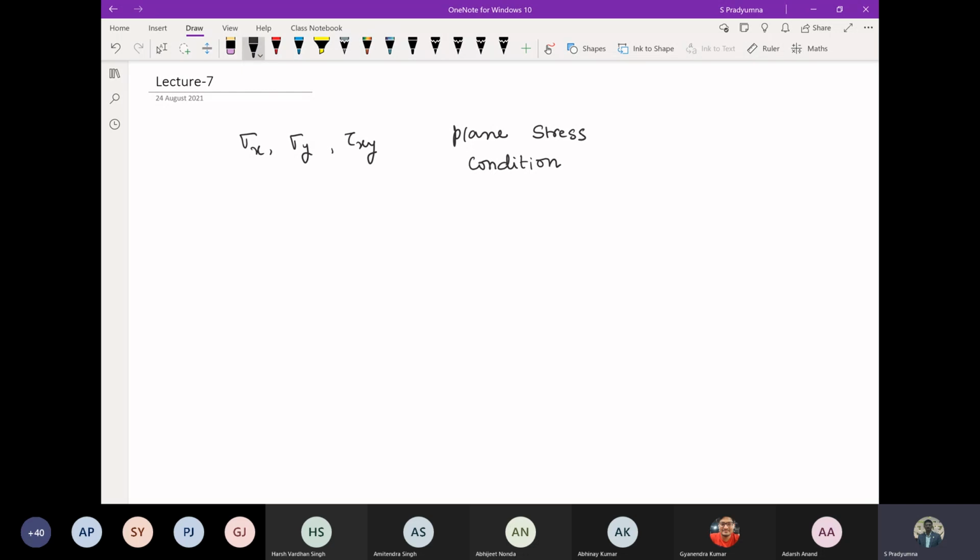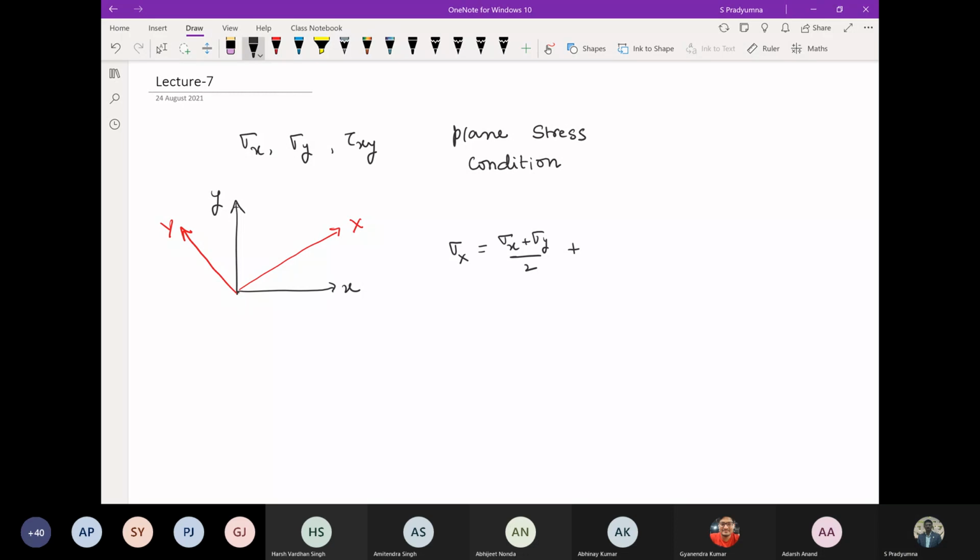We derived that for any arbitrary axis, for example, let us take that this is the x-axis, y-axis, and I am interested in finding out what is the stress component with respect to this plane, capital XY.